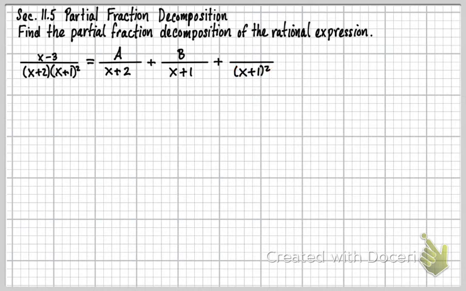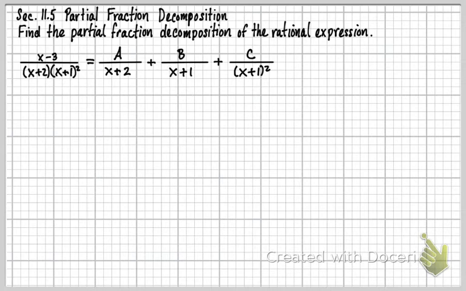But because we're dealing with x plus 1s, we follow the same pattern that we have for the first one. So this would just be a C, not a Cx plus D, because this down here is a degree 2 polynomial. Because they're multiple of the same factor, we always do what it was from the first.